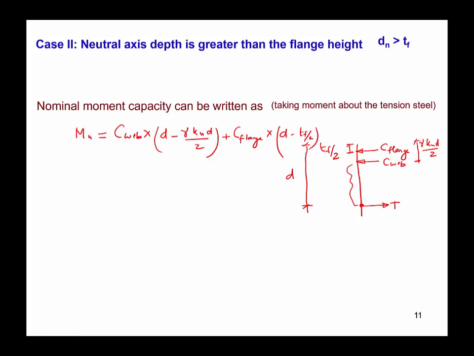So that gives us the nominal moment capacity for case 2, where the depth of the equivalent stress block falls below the depth of the slab.